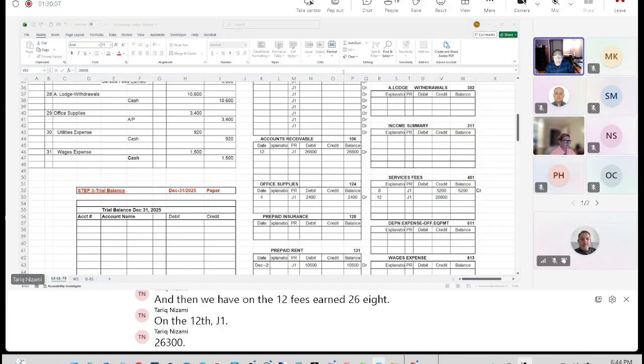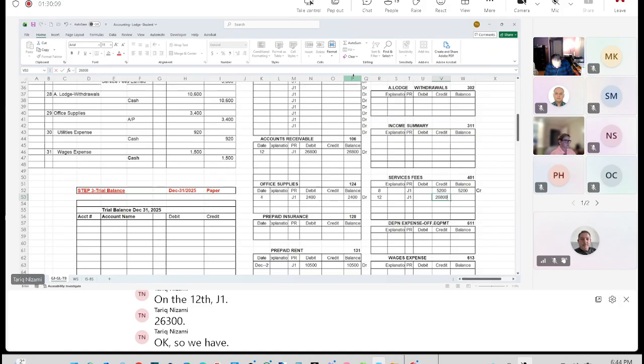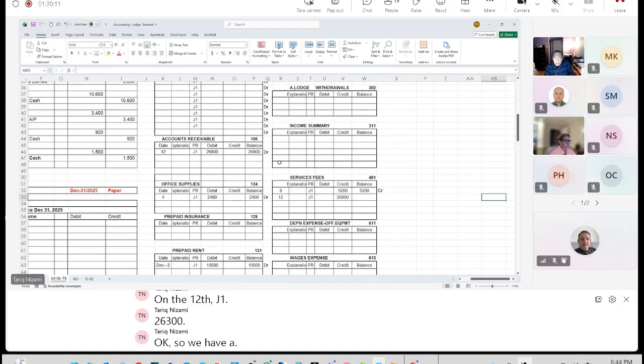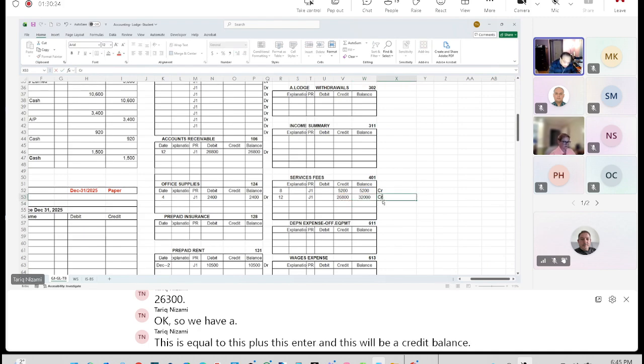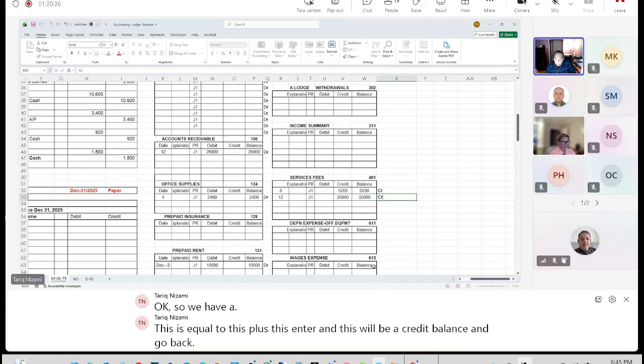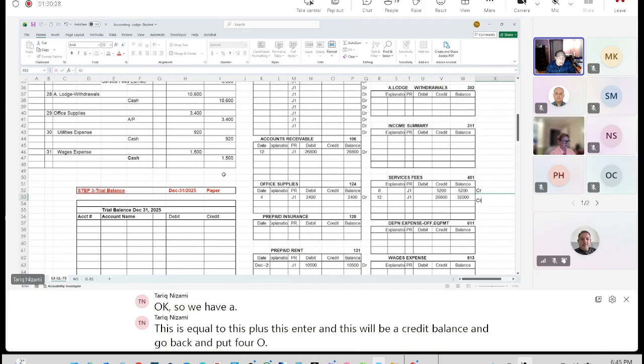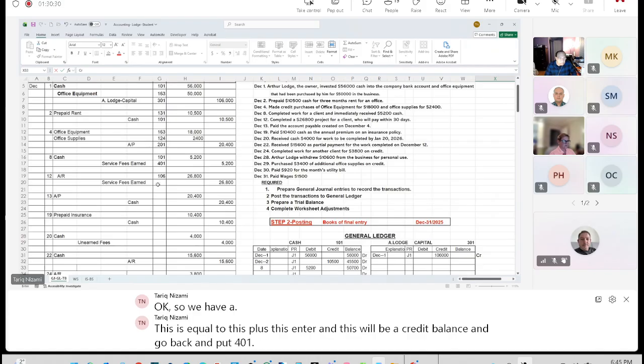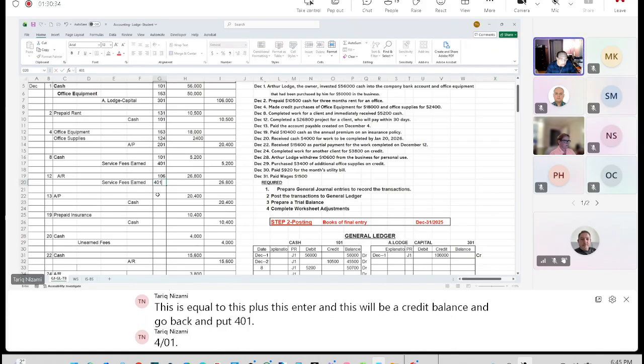Okay, so we have this is equal to this plus this, enter, and this will be a credit balance. And go back and put 401. And now they go accounts payable 20,004.